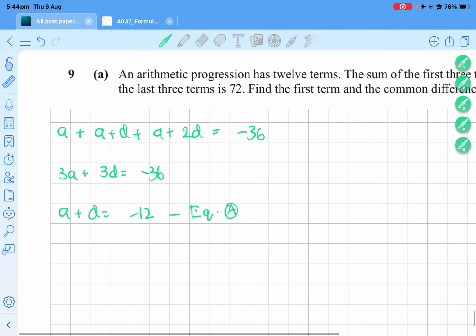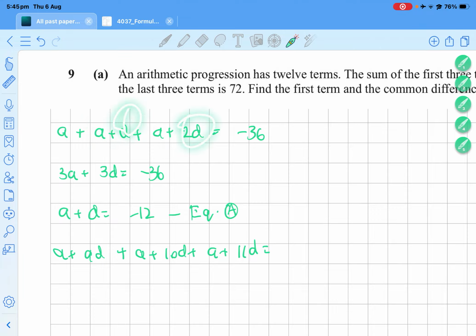Then the last 3 terms, so I'll have a plus 9d as my 10th term, a plus 10d, and then a plus 11d. So you might be thinking, why is this guy writing 9d for the 10th term and 10d for the 11th? Well, you see, for the second term we don't write a plus 2d, we write a plus d. Third, a plus 2d. Fourth, 3d.